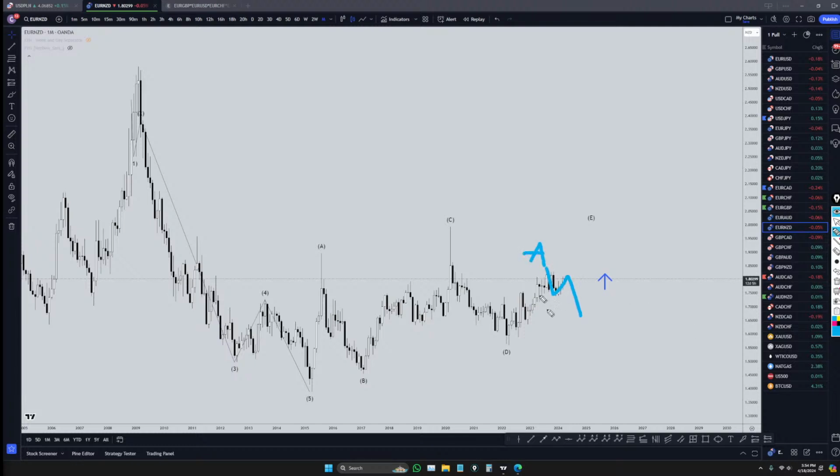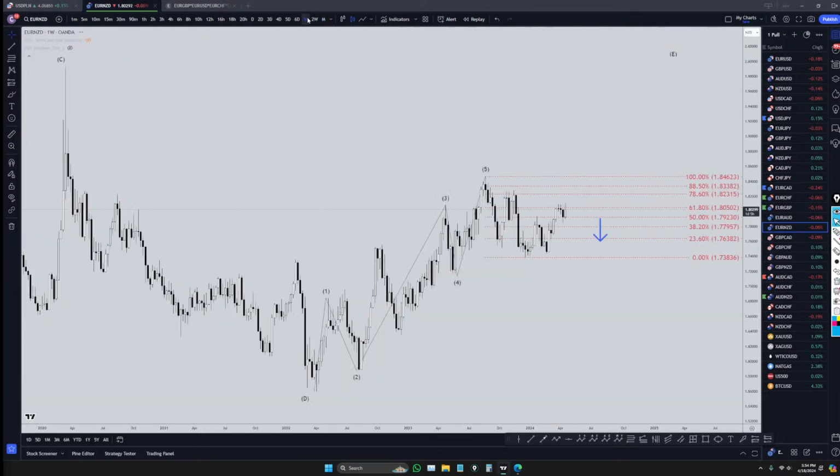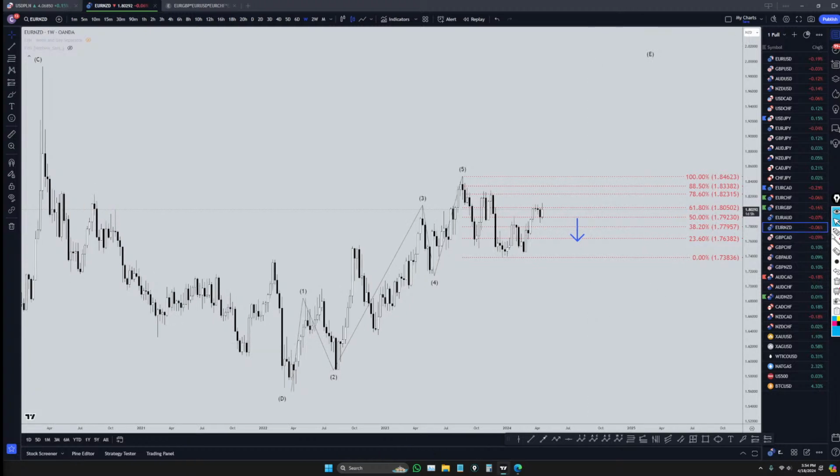So a wave E should be an A, B, C of E. And it hasn't made a proper wave B yet, in my opinion, which is why I just recently changed my analysis. Not only does it need to take out the low of wave 4, which it hasn't done yet, it also needs to make a more proper wave. So I think it's either going to be a running flat or something along those lines.